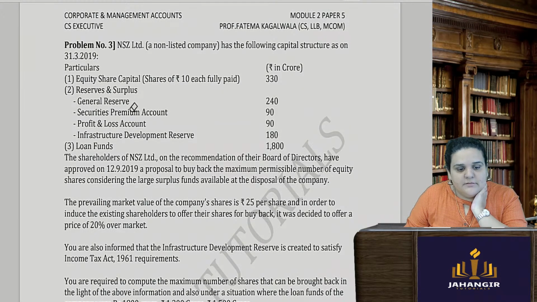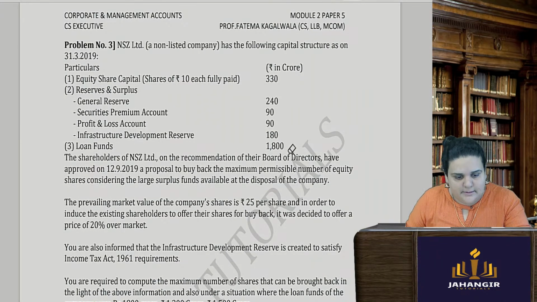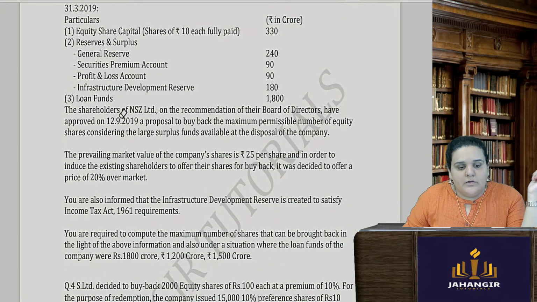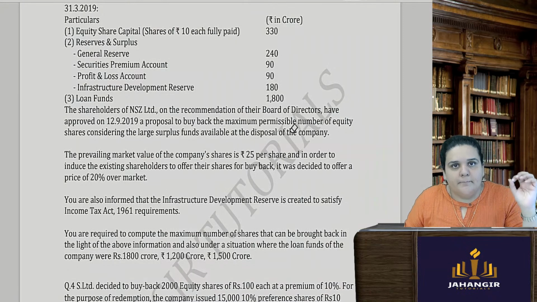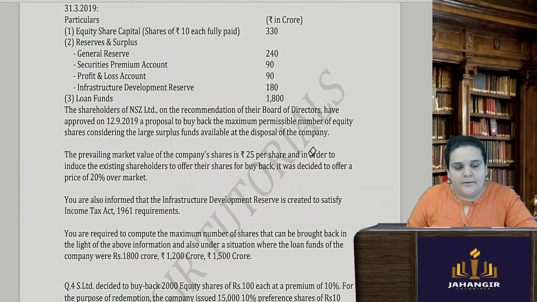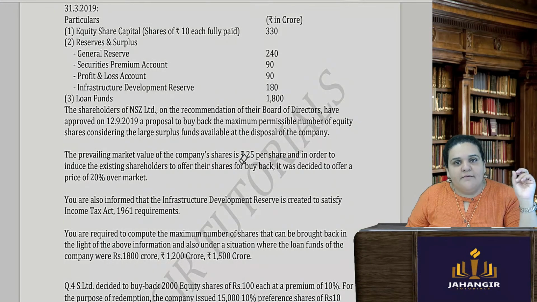General reserves, securities premium account and profit and loss account, and infrastructure development reserve; loan funds is 1,800. The shareholders of NSZ Limited, on the recommendation of their board of directors, have approved the proposal to buy back maximum permissible number of equity shares permissible under the law, considering the large surpluses which are available at the disposal of the company. The prevailing market value of the company share is 25 per share.